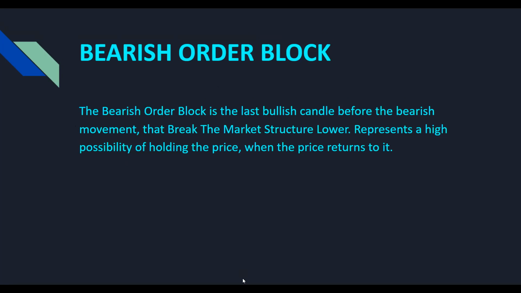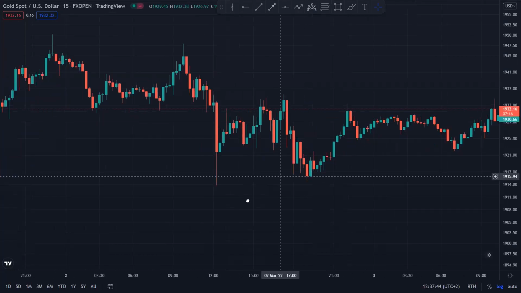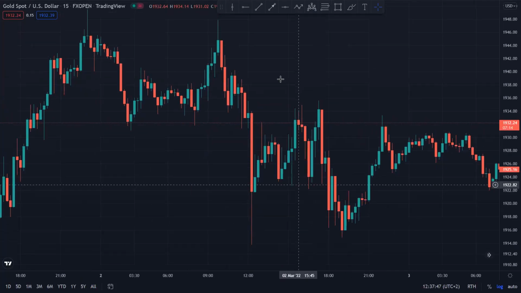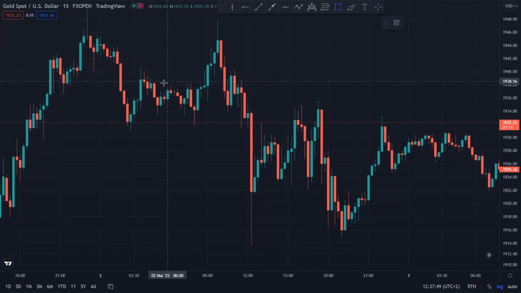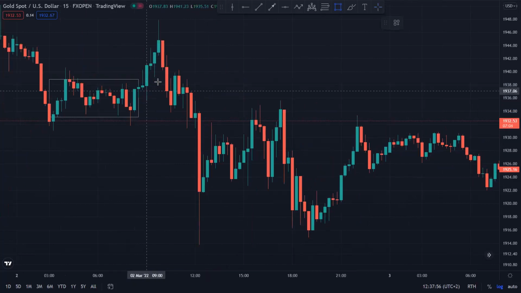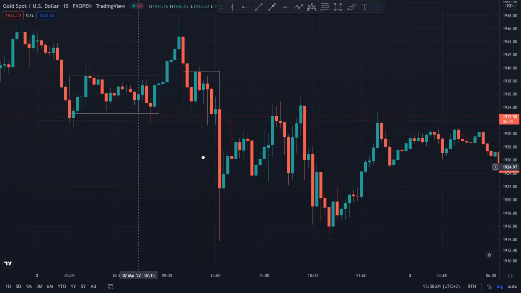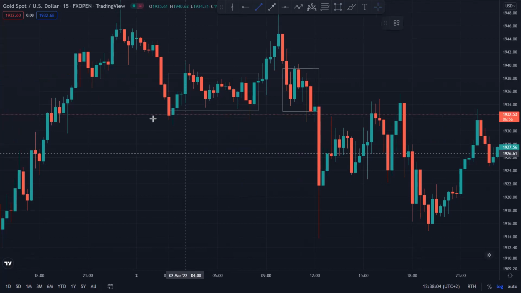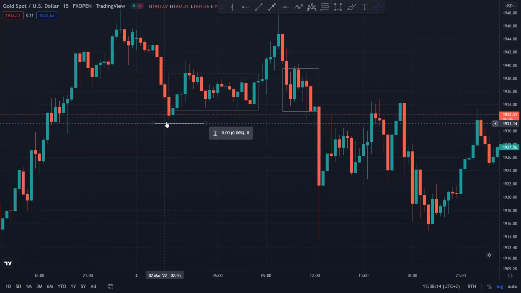Let's go on the chart and try to identify what a bearish order block looks like. A very good example that I can give you is this structure, as well as this structure. At the same time, we are also going to recognize this swing low here, which you can even call a peak formation low, because it was the lowest point of all places where the candles were ending.